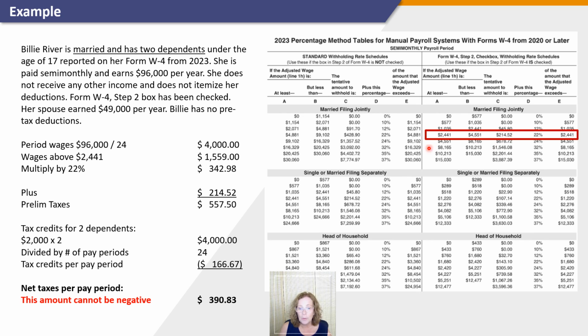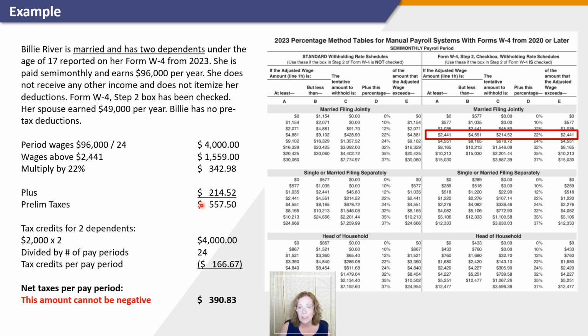We subtract $2,441 from $4,000, which is $1,559, and multiply it by 22%, which results in $342.98. To that, we add the amount of $214.52 to get the preliminary taxes of $557.50.